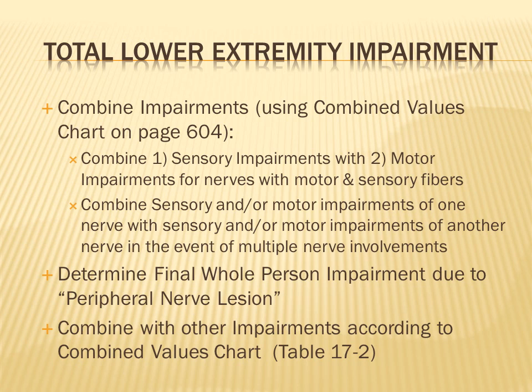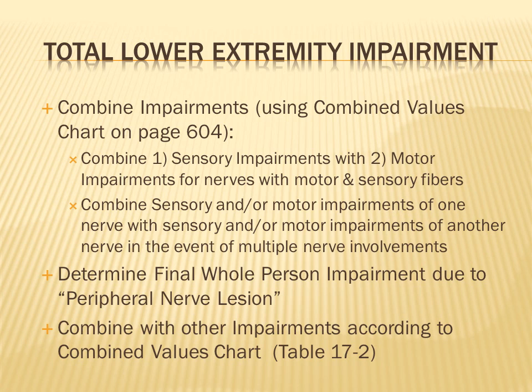Finally, we then combine the sensory impairments and the motor impairments. We use the combined values chart on page 604 to combine sensory impairments and motor impairments for nerves with motor and sensory fibers.